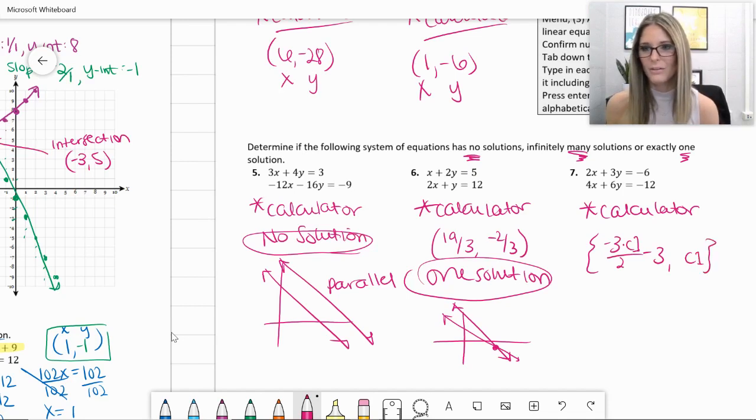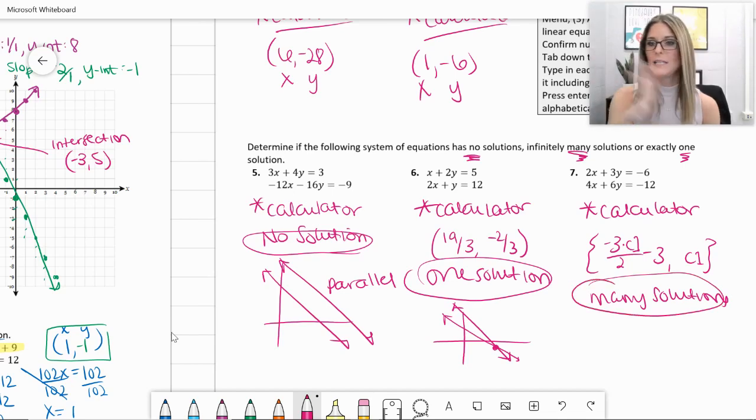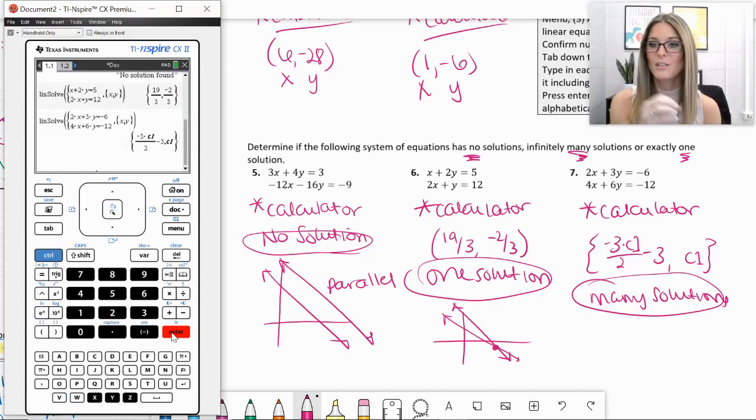What in the world? This represents many solutions. So on the calculator, if it pops out C1s anywhere in your answer, then you know it is an infinitely many solutions equation. What's happening here?